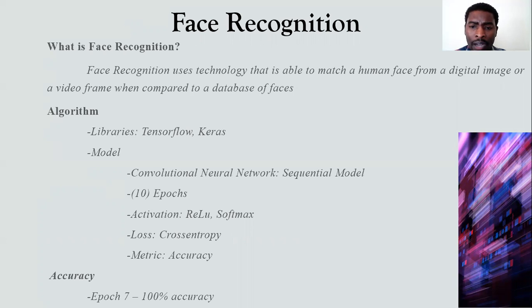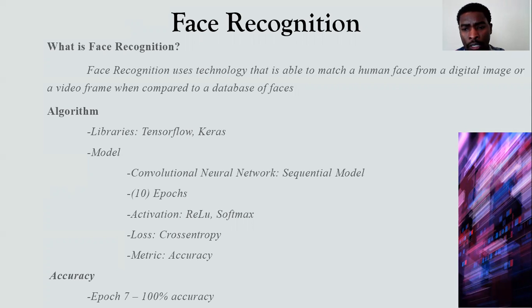I used a sequential model. So basically, I had my different layers as far as the input nodes, hidden layers, and the output layers. But in order to have as many hidden layers as I would like, I used a sequential model. I did 10 epochs, right? And for the activation, I used the ReLU, the rectified linear unit function.